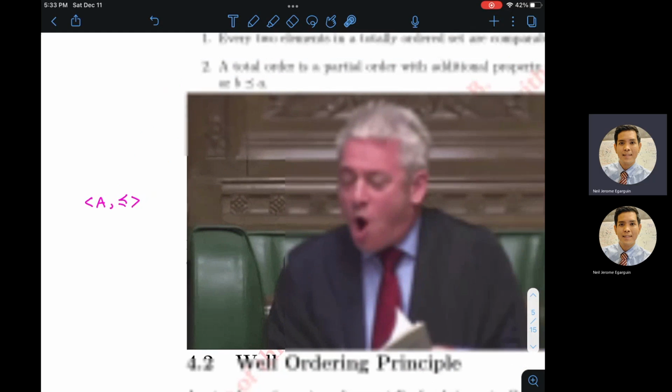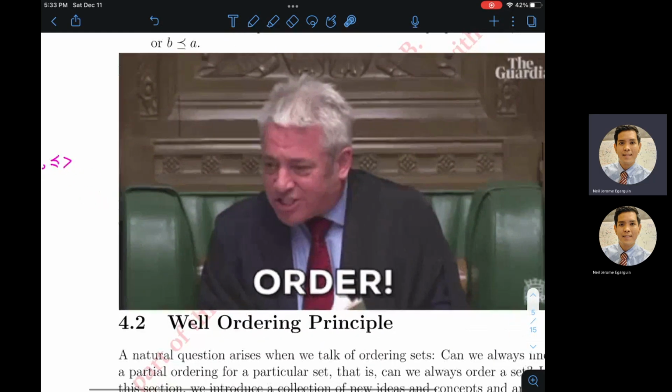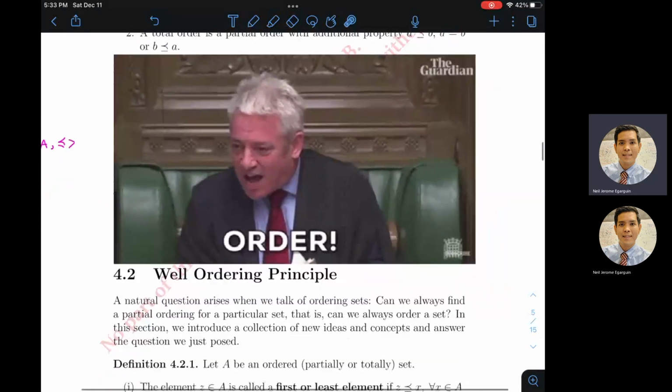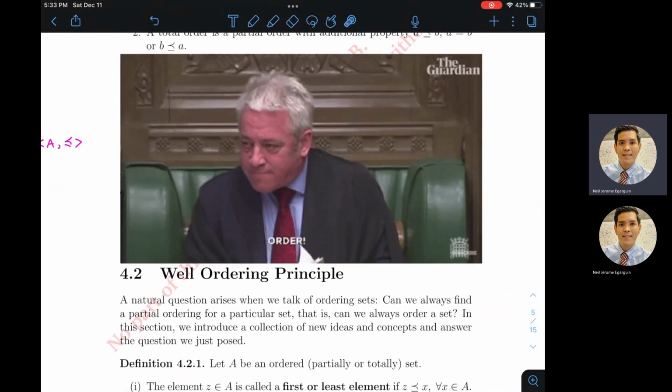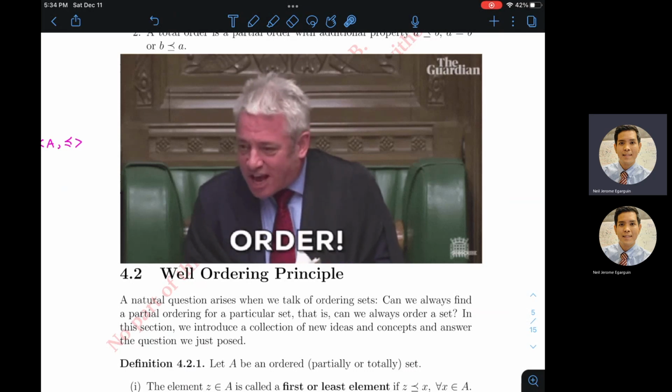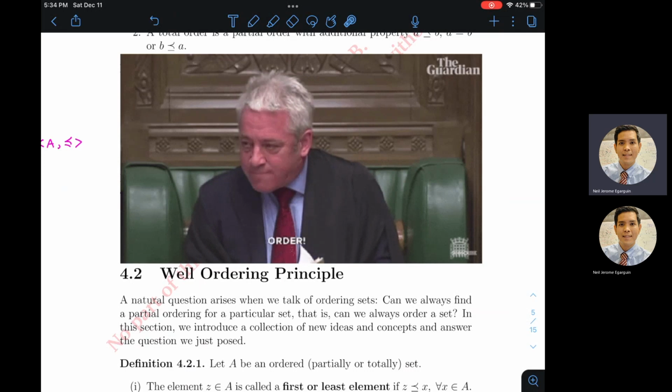But that gave us the tool to check whether a given relation on a set A is a partial order or not. Okay? But aside from that, the next natural question to ask is, pag binigyan ba ako ng isang set, pwede ba ako makahanap ng partial order dun sa set na yon?